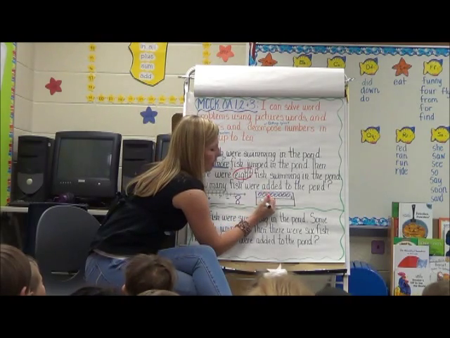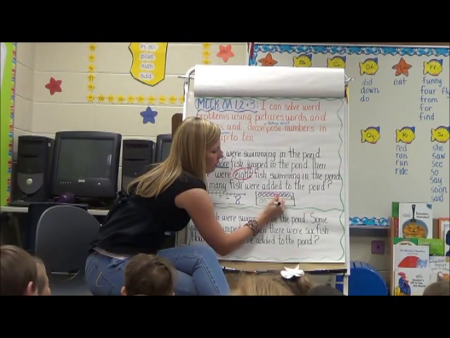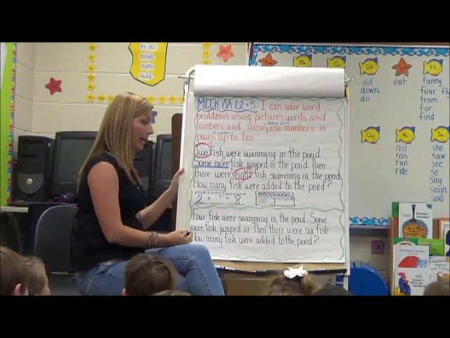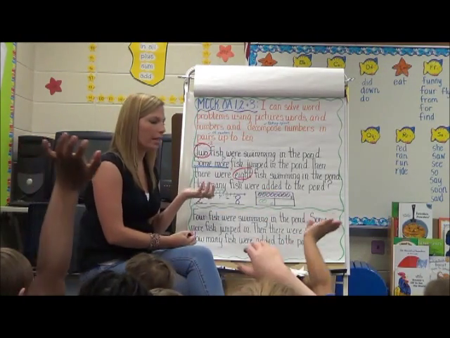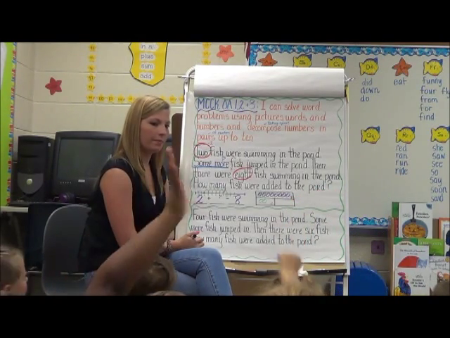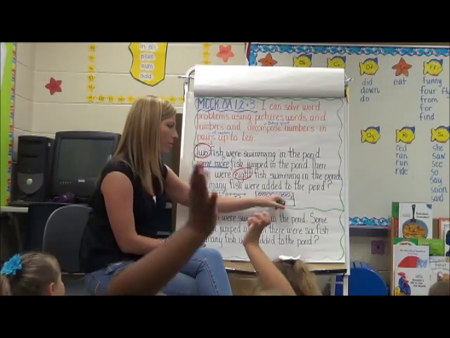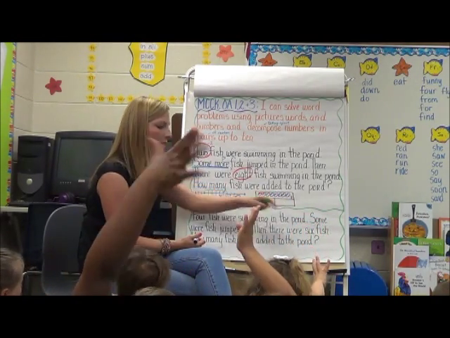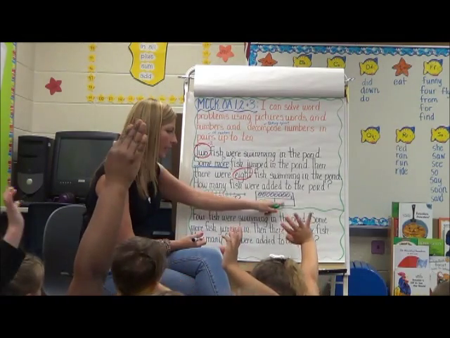Very good. 1, 2. We're going to label it and we're going to X out those 2. Okay. Now, what do I need to do, Braden? What do I need to do with these remaining fish that were in the pond? Do I need to put them down here? How many do you think I need to put down here?